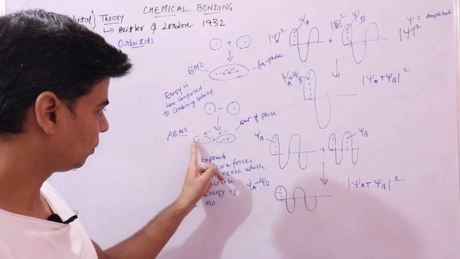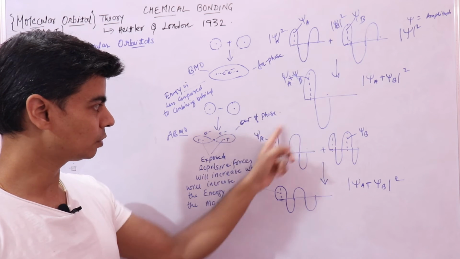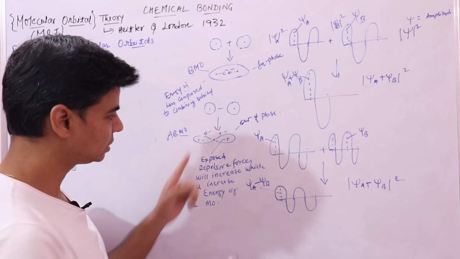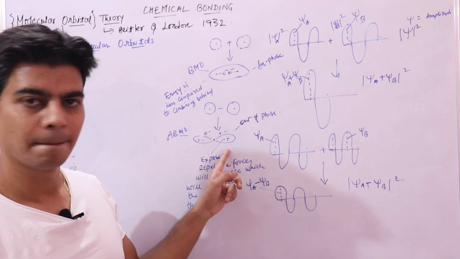This molecular orbital, which is the out of phase orbital, has higher energy due to high repulsion between the nuclei. So this leads to destabilization, right?